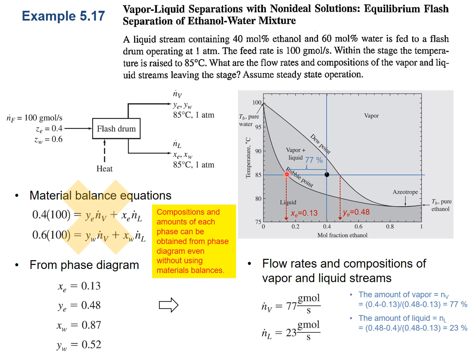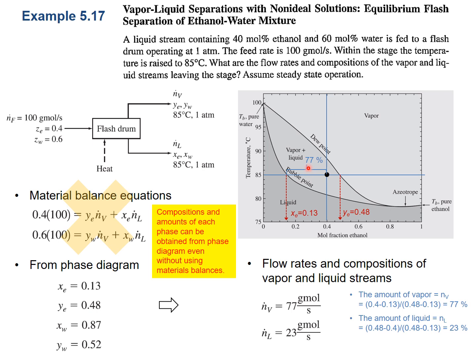From those 2 points, you could read the compositions. For the liquid phase, the composition of ethanol is 0.13, and the vapor or gas phase composition of ethanol is about 0.48. And also, the contribution of this length to the full length is about 77%. What does it mean?